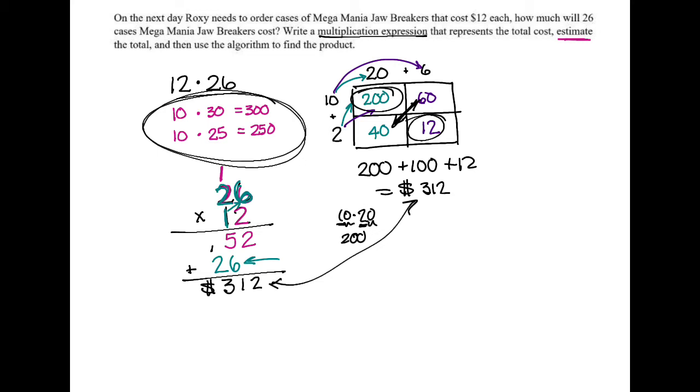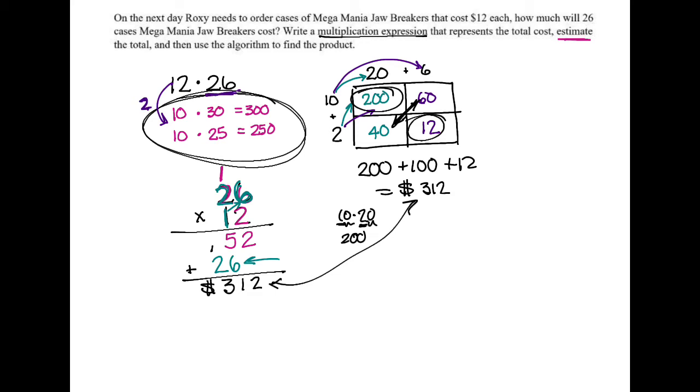Okay, now this is because we're multiplying now. If we rounded 12 to 10, we took 2 off, didn't we? So our answer is not going to be off by 2. It's going to be a repeated addition of 2 26 times.